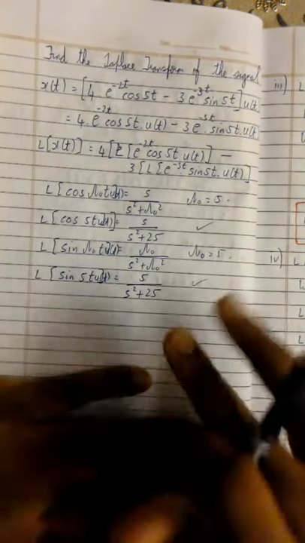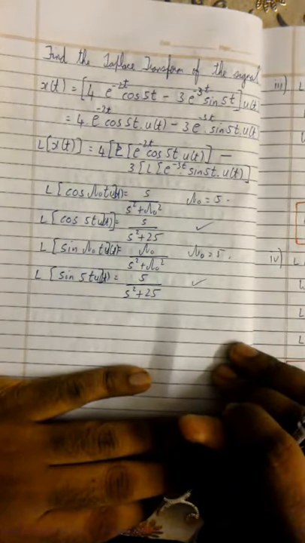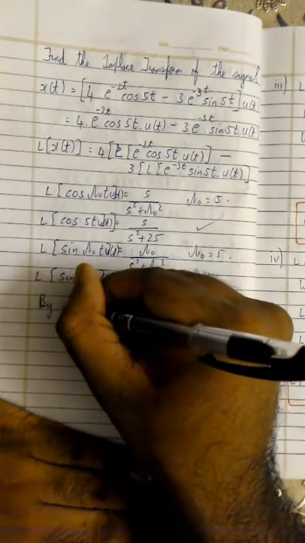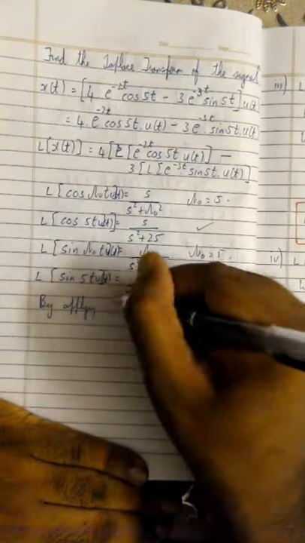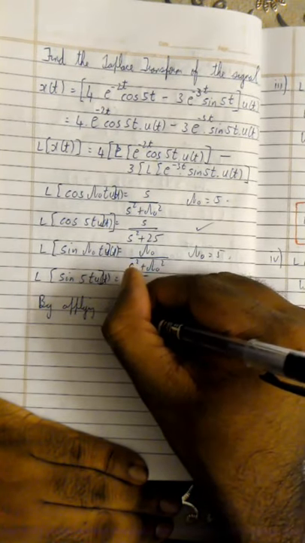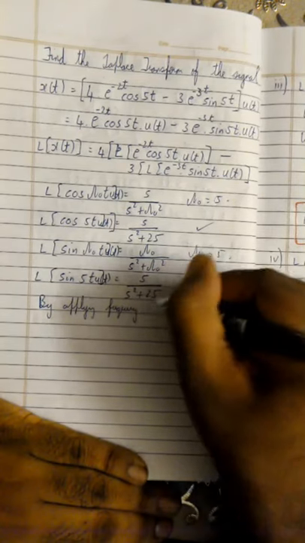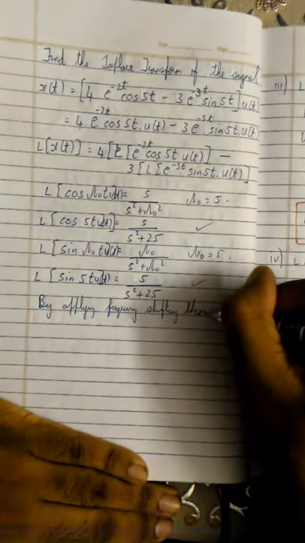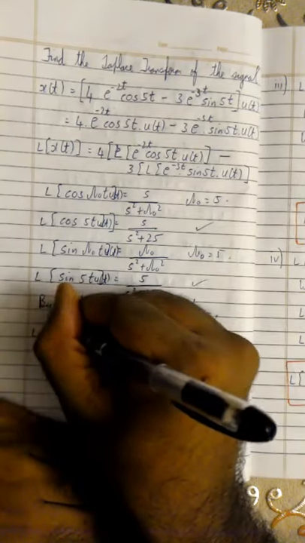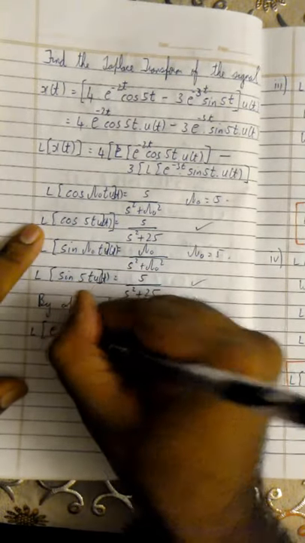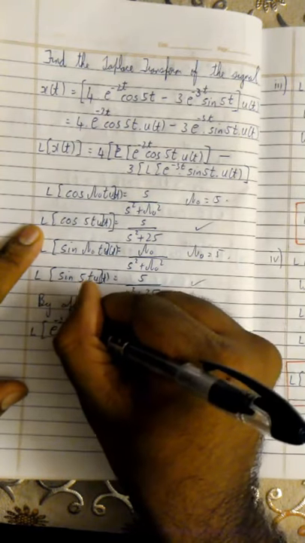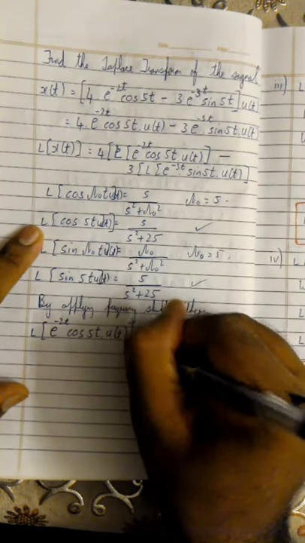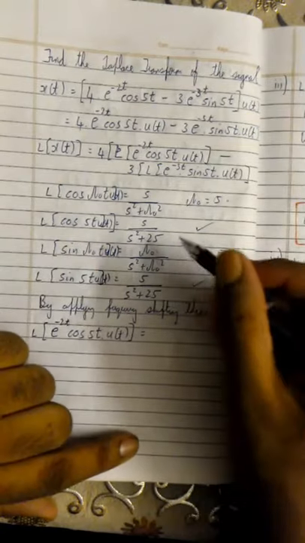Now I am going to apply the frequency shifting theorem in both cases. By the frequency shifting theorem, the Laplace transform of e raised to minus 2t cos 5t into u of t is nothing but replacing every s with s plus 2.